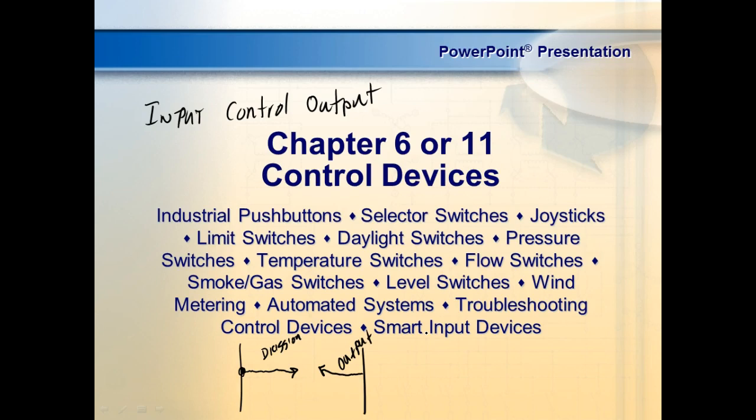So in sensors, we deal with pressure switches, we deal with light switches, we deal with temperature switches, we don't have flow switches. We do level switches without using these meters. Of course, we're dealing with automated systems right now. And of course, troubleshooting and smart input devices. Are we okay?